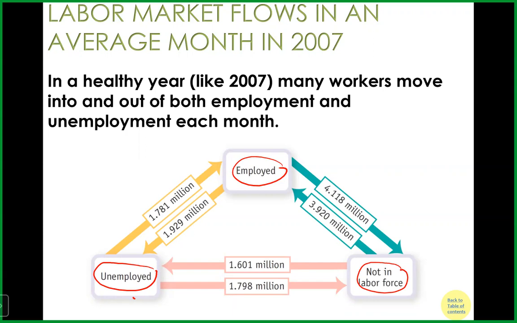Let's start here. The employed could move out and go to not in labor force. There are close to 4.2 million. Also, from employed, people move out and go to unemployed. Start with the simpler one: roughly 2 million people move from employed to unemployed.